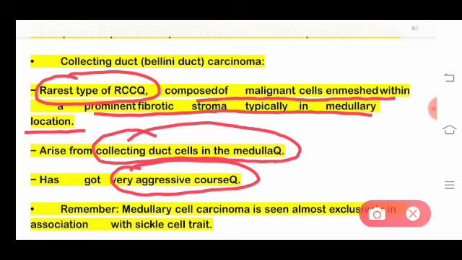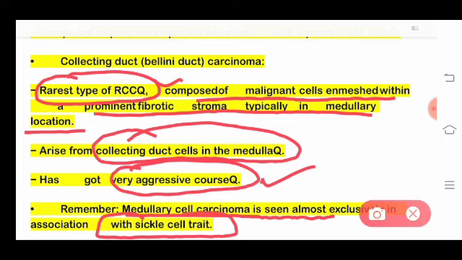So three points you need to remember: rarest RCC, very aggressive, and arises from collecting duct cells in the medulla. Now there is something called medullary carcinoma, which arises exclusively with the sickle cell trait. So remember that sickle cell trait and medullary carcinoma are associated.